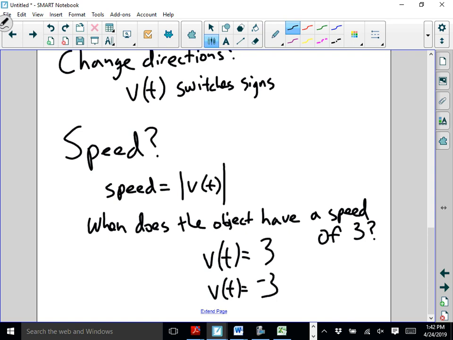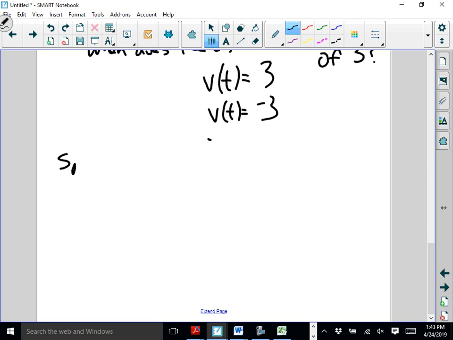How about this? Speeding up or slowing down? They might ask you, at t = 10, is the object speeding up or slowing down? Well, to answer this question, we must consider two things, right?